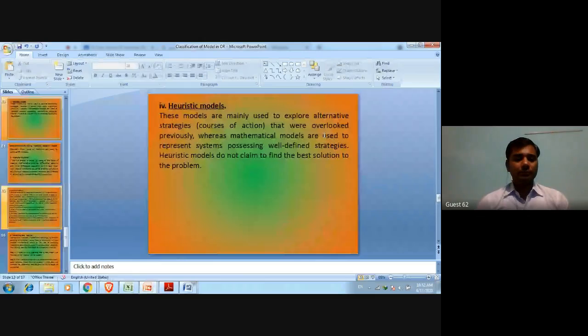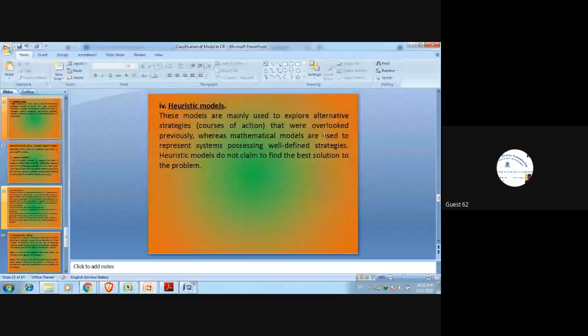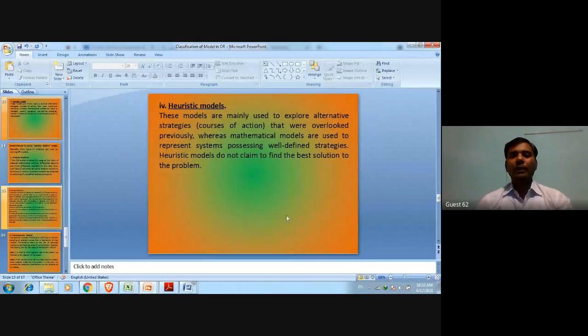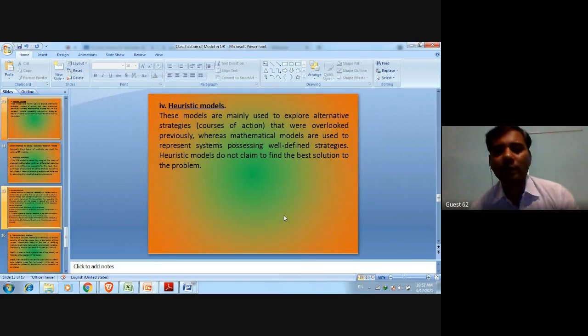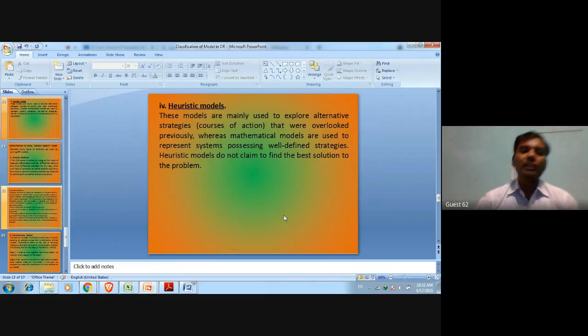And the last one is the heuristic model. These models are mainly used to explore alternative strategies, that is, courses of action that were overlooked previously, whereas mathematical models are used to represent systems processing well-defined strategies. Heuristic models do not claim to find the best solution to the problem. Actually, heuristic models are used for your course of action.